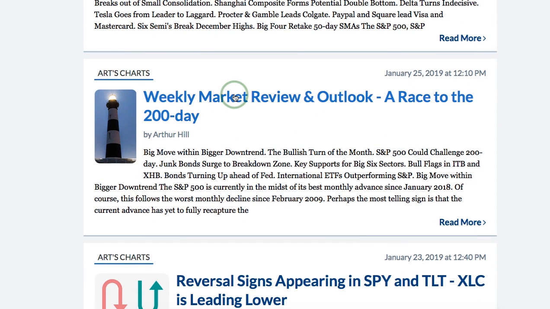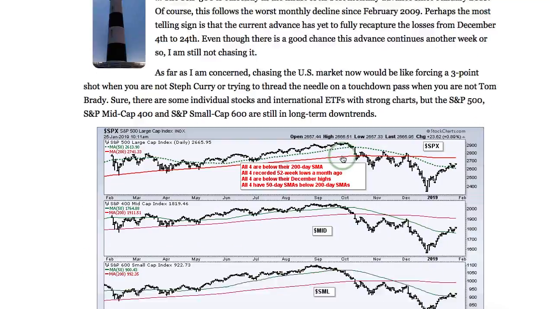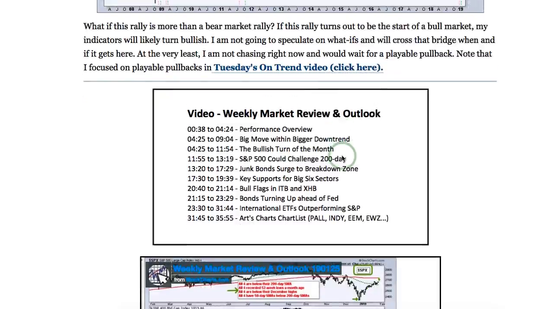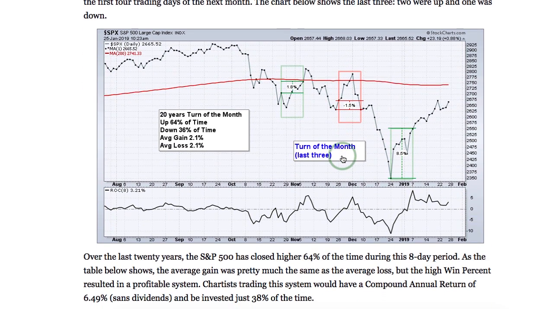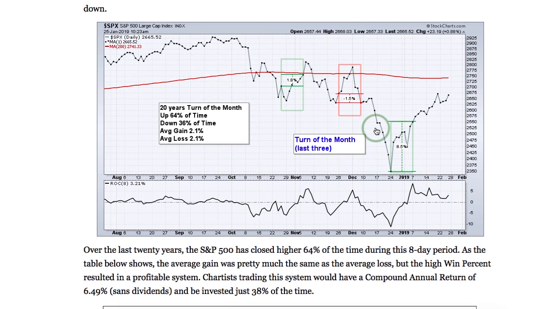So this is the article, A Race to the 200-Day Moving Average. And if you scroll down, you can see where I talk about the bullish turn of the month strategy. Basically, the bullish turn of the month covers a period consisting of the last 4 days of one month, say January, and the first 4 days of the next month, say February.